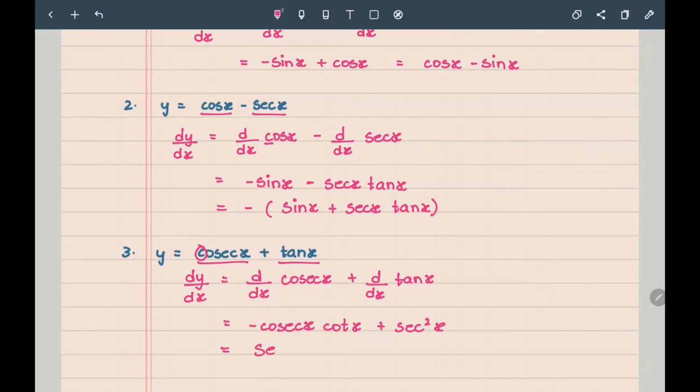We can rearrange it as secant square x minus cosecant x cot x.